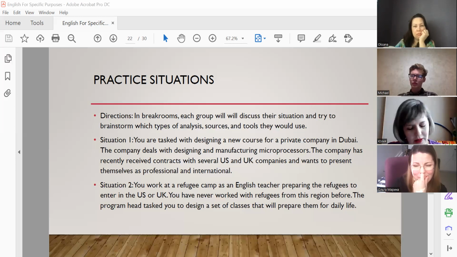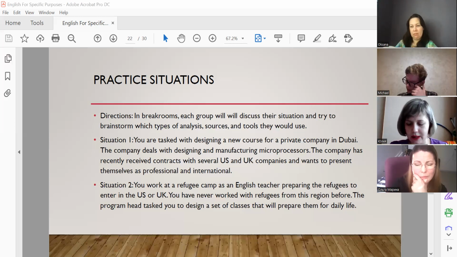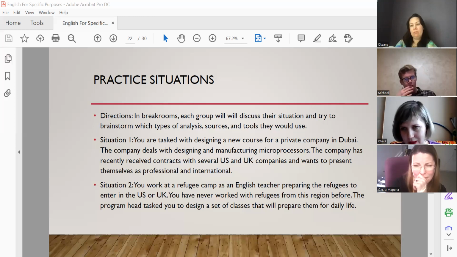Then we will ask those officials about the set of papers for refugees, how they could get citizenship. So some papers, the forms, how to fill in these forms, and some samples of the forms.